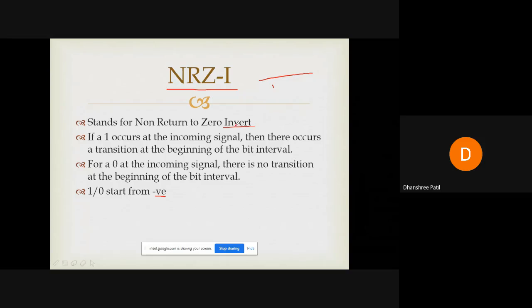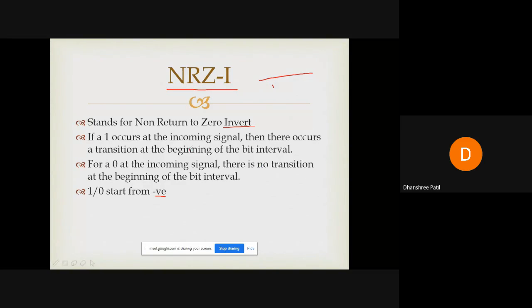Now what is this invert? If 1 occurs in the incoming signal, then there occurs a transition at the beginning of the bit interval, and for 0 there is no transition at the beginning of the bit interval. Meaning 1 is the presence of a signal, and 0 is the absence of a signal.